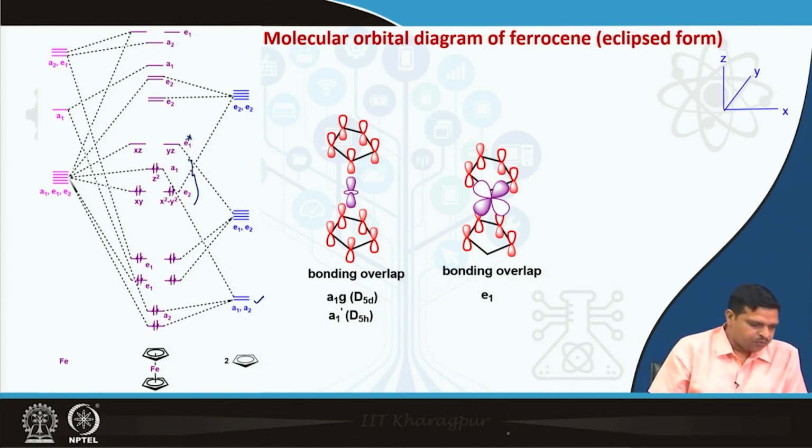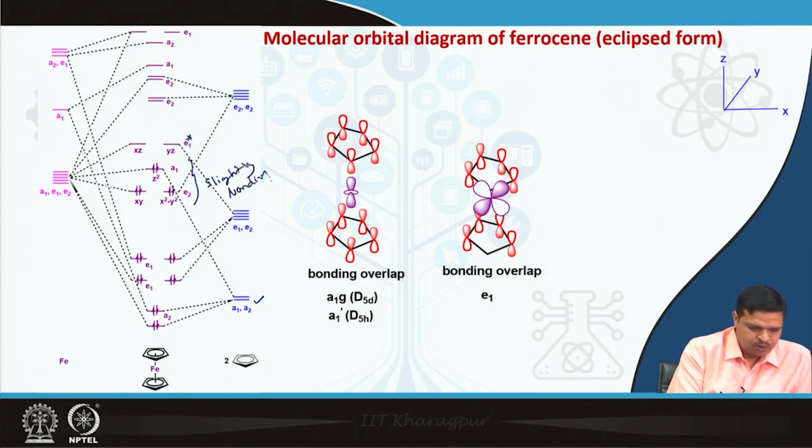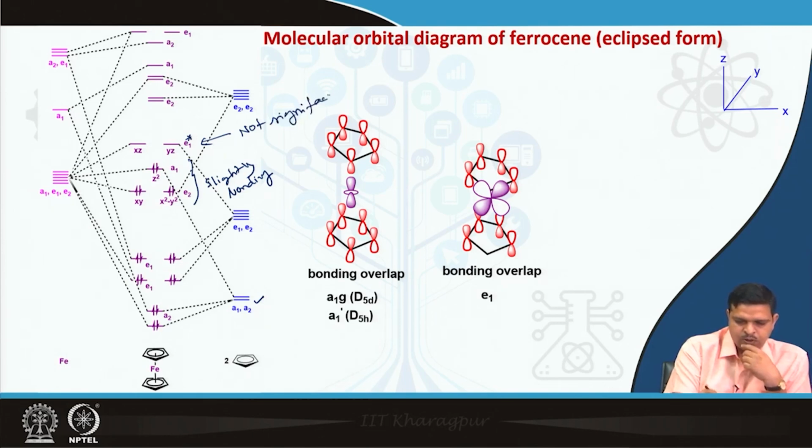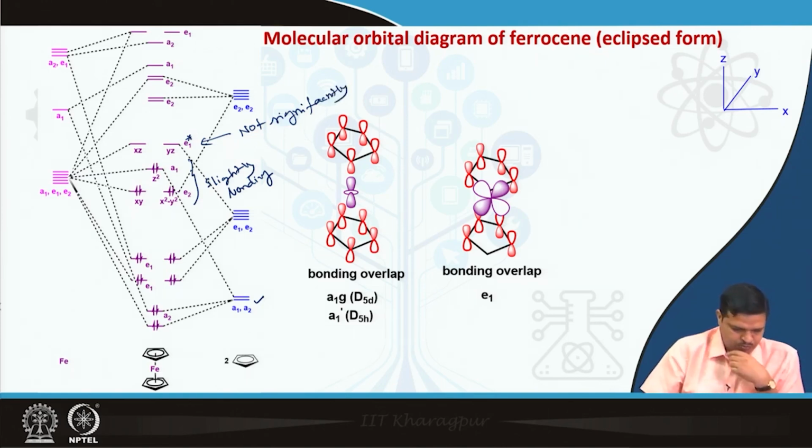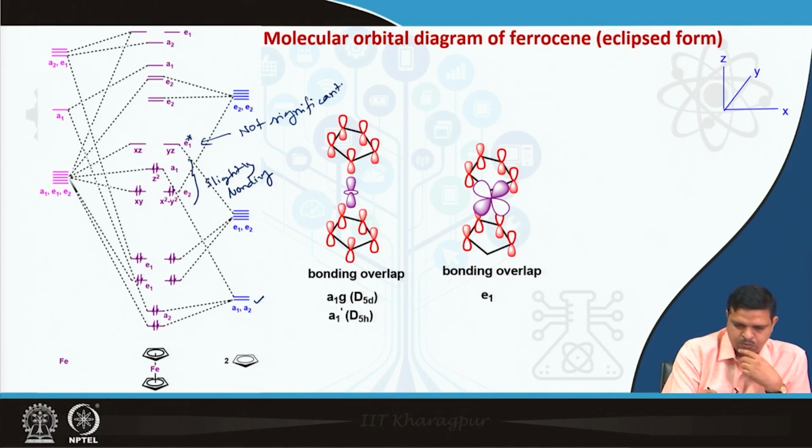That means E2g and A1g are slightly bonding, and this one is not significantly antibonding.